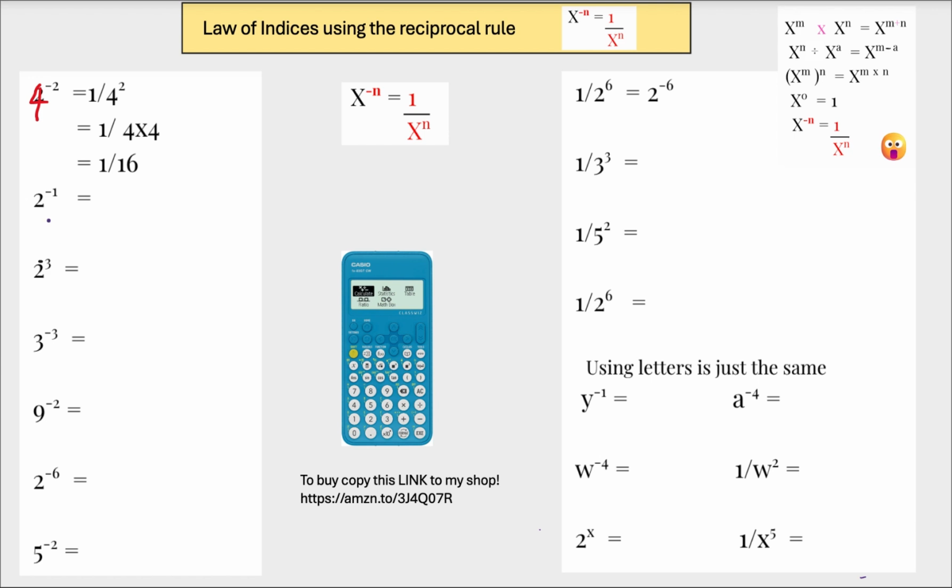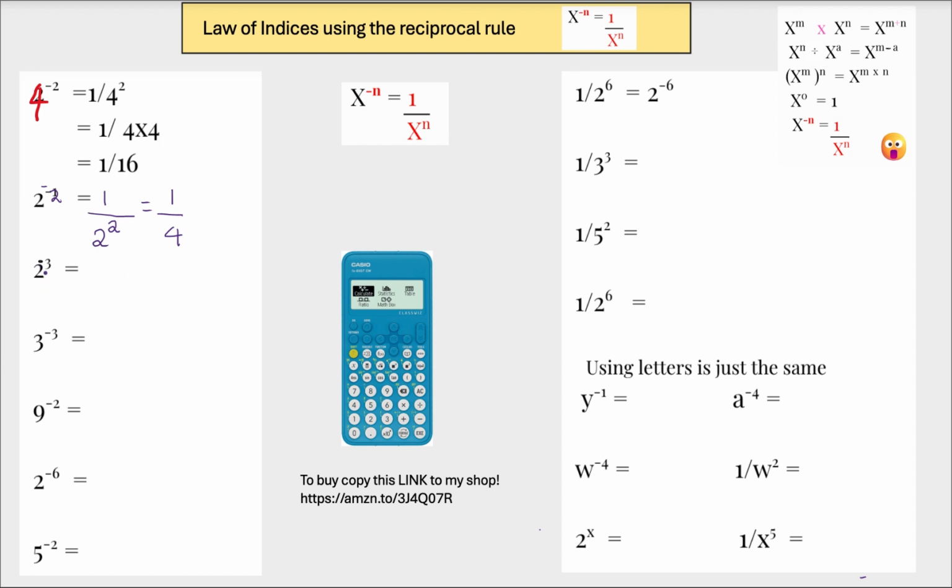So let's do 2 to the power of negative 2. We're going to flip it and put it over the fraction. So that's 2 to the positive 2, which equals 1 over 4, because 2 times 2 equals 4.